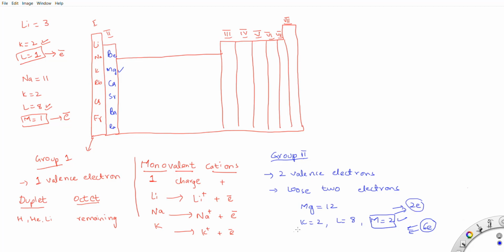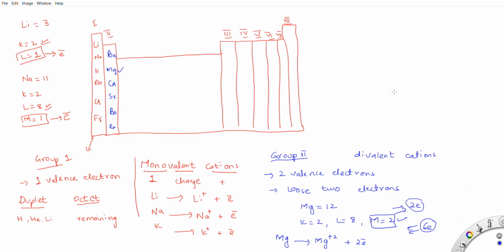That means magnesium, in order to become stable, would lose 2 electrons and get a charge of +2. Just as group 1 forms monovalent cations, group 2 elements form divalent cations.